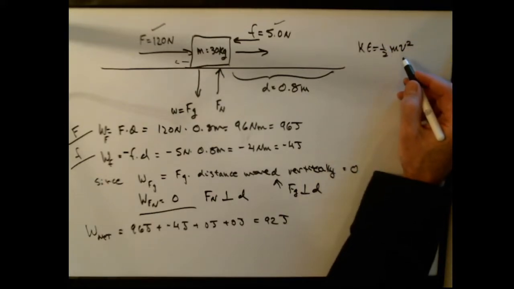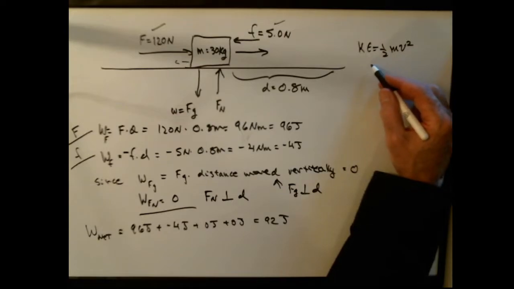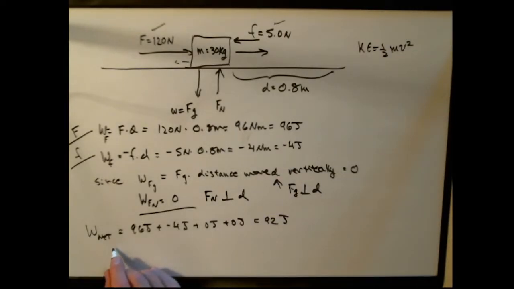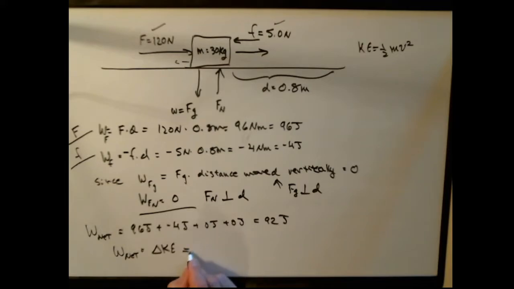And as its velocity increases, its kinetic energy goes up. If you remember from last time, the net work done is equal to the change in kinetic energy, and we've already determined the net work done is 92 joules. And so the change in kinetic energy of the box is 92 joules.